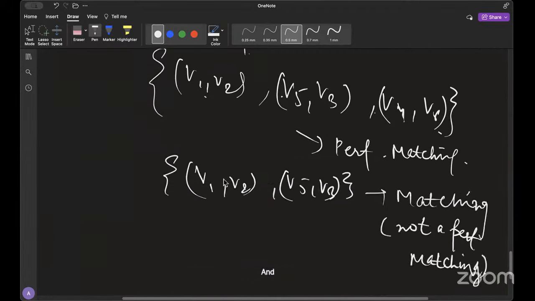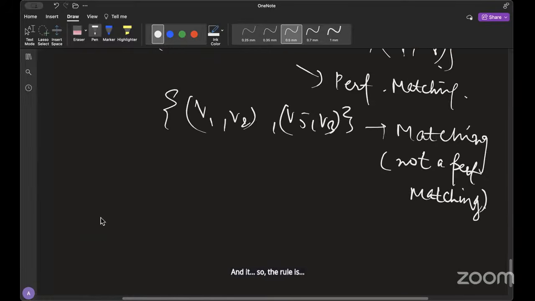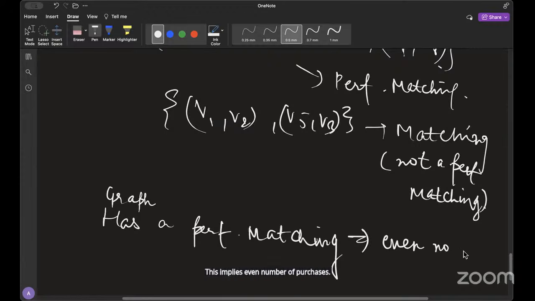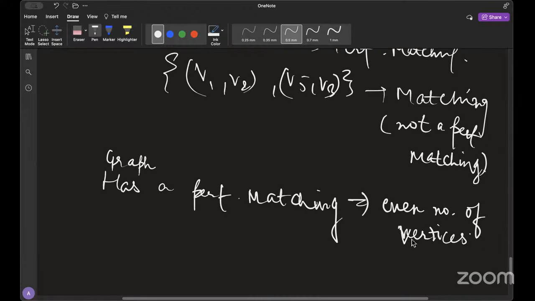So the rule is: has a perfect matching implies even number of vertices. If you have an even number of vertices, that doesn't mean you will have a perfect matching.